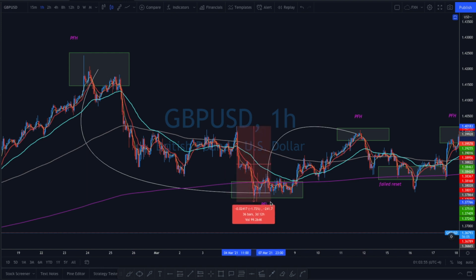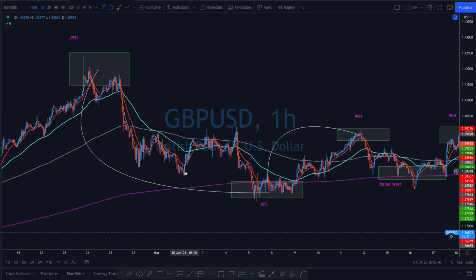So that's about 241. So if you take 241 and divide it by 90, that gives you 2.6 times ADR. So that right there could be a full cycle for you. So now you've taken something that's pretty big and you split it up into 2 cycles.